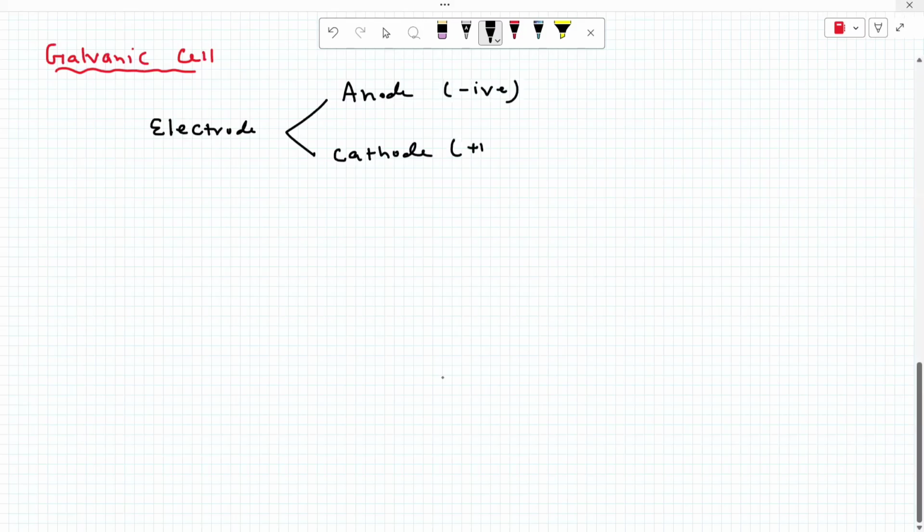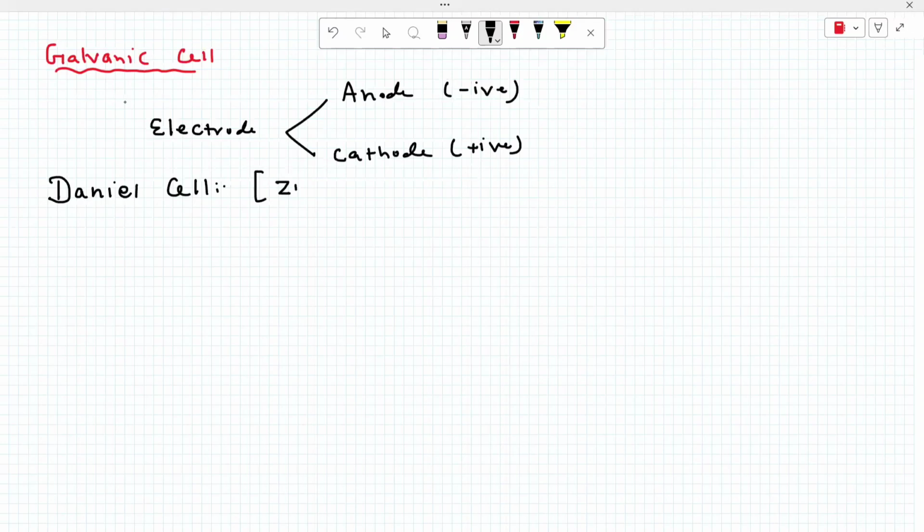The cathode is positive. Why is the anode negative in a galvanic cell? Anyone? Reason? See, we'll learn now. The galvanic cell is also called the Daniel cell, the zinc copper couple. In the Daniel cell, zinc is an electrode and copper is an electrode. Zinc undergoes oxidation and copper undergoes reduction.